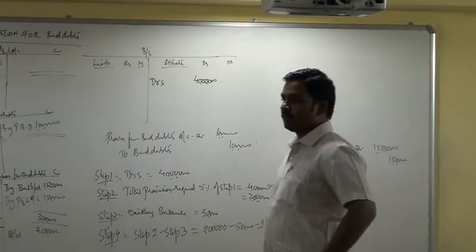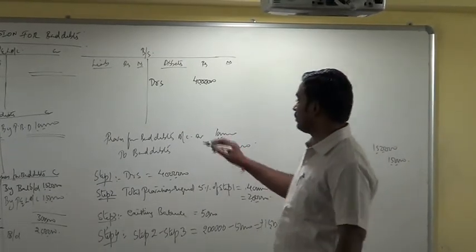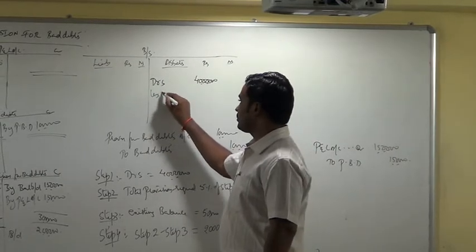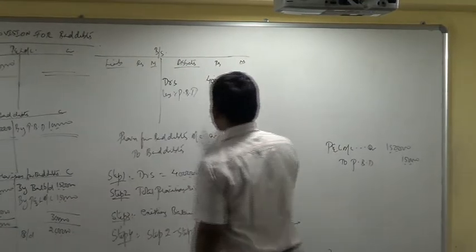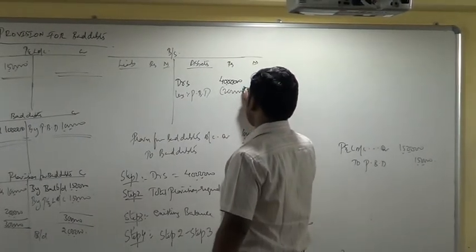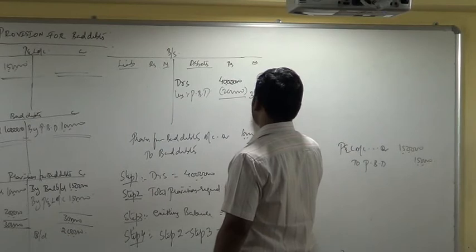So here you write less provision for bad debts. How much balance is left? 2 lakh. You will write here 2 lakh. In the outer column you will write 38 lakhs.